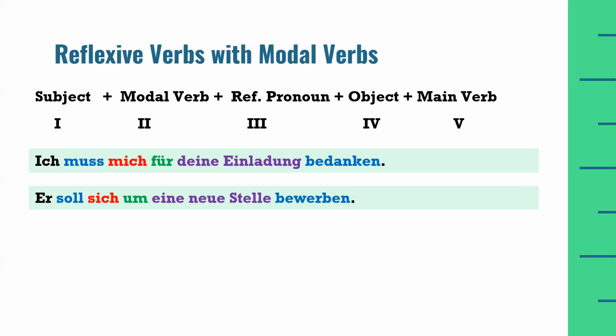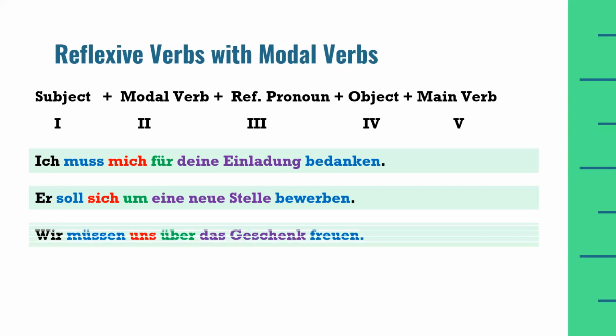Then comes the accusative object eine neue Stelle. Here the indefinite article gets the accusative case ending for a feminine noun, and the adjective also gets the accusative case ending for a feminine noun, so they become eine neue Stelle. Stelle is a feminine noun, and the main verb will come at the last position of the sentence, which is bewerben, and it will remain in the infinitive form.